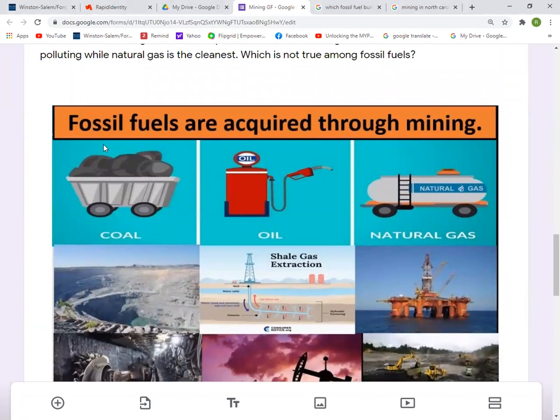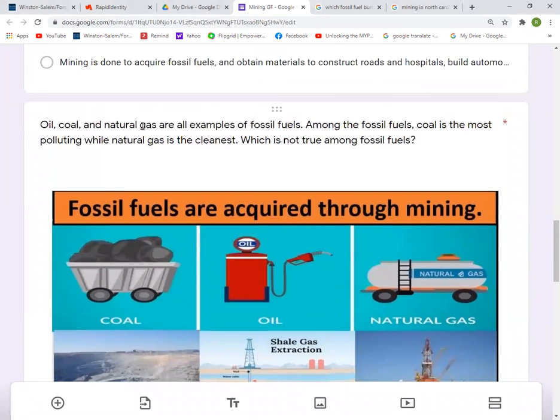Fossil fuels are from the remains of prehistoric living organisms, and oil, coal, and natural gas are all examples of fossil fuels. Among the fossil fuels, coal is the most polluting. However, here in North Carolina, we use a lot of coal in electricity production.